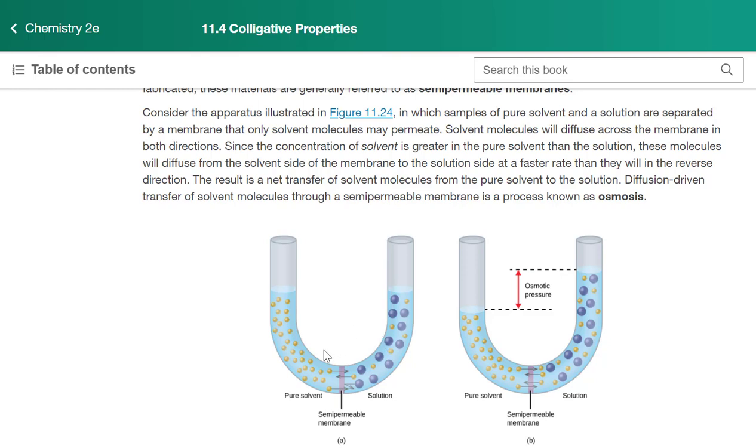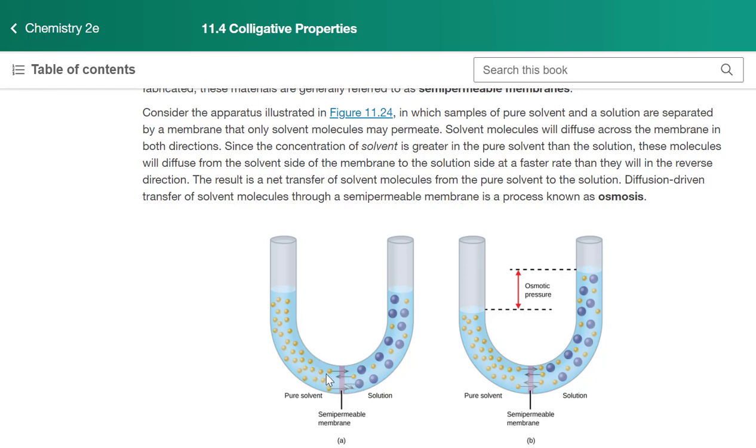Separating these two is a semi-permeable membrane, some substance that allows one thing to cross but not the other. Oftentimes it is the solvent that can cross the membrane and the solute that cannot. So it will depend on what you have in terms of which thing can cross the membrane or not. The membrane will have a property of selecting one versus the other.